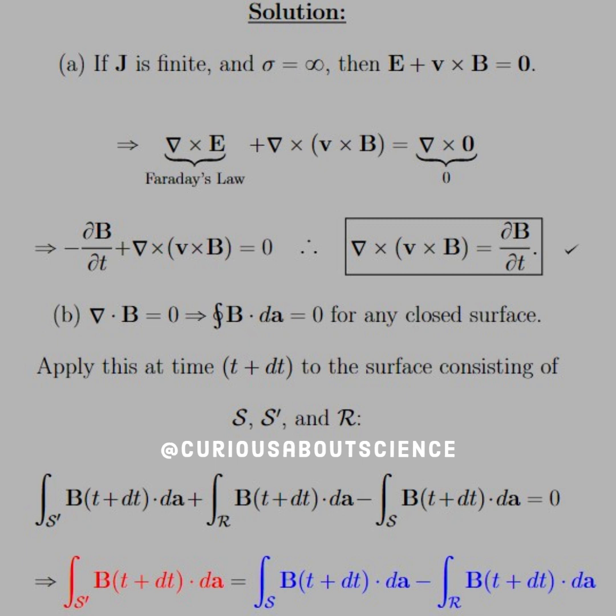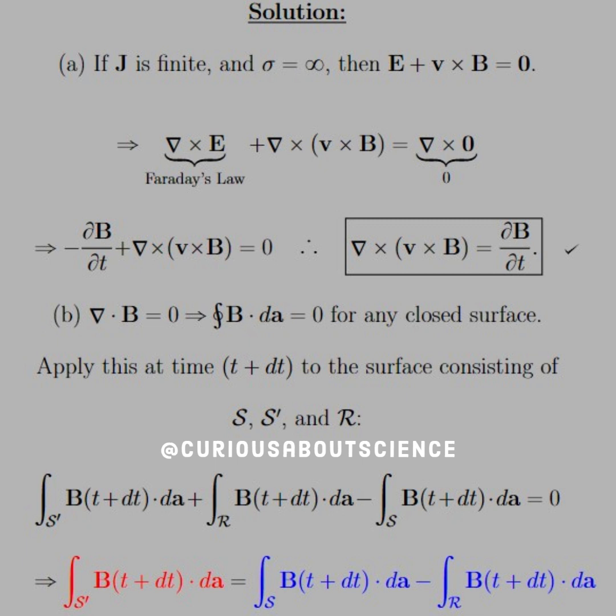What we mean by this is, since this is a closed surface integral, we need an integral with S prime, R, and S. With that being said, from the diagram, the closed surface is S prime plus R minus S, since we're translated.